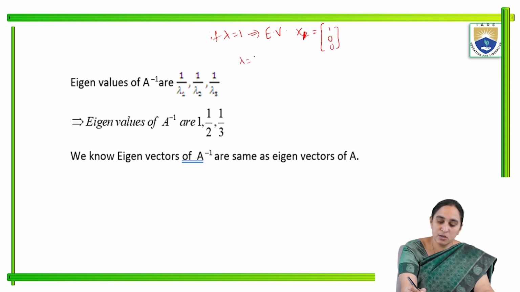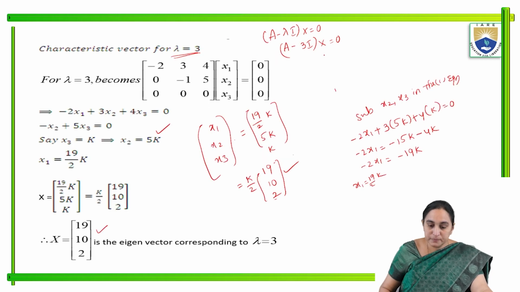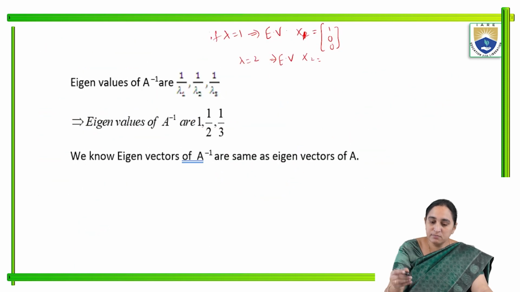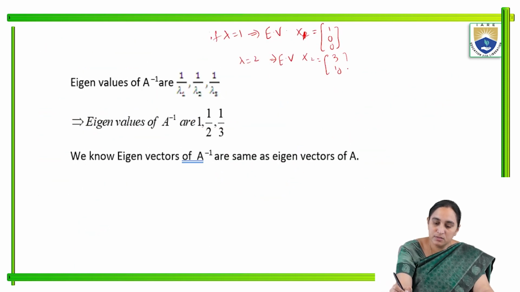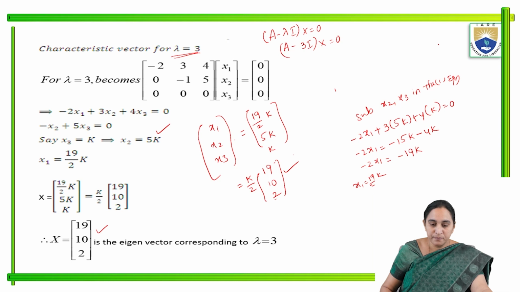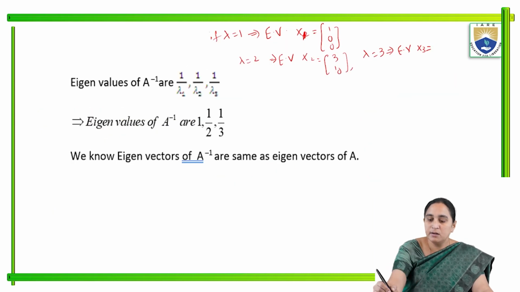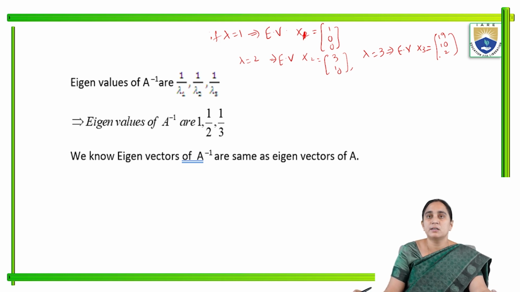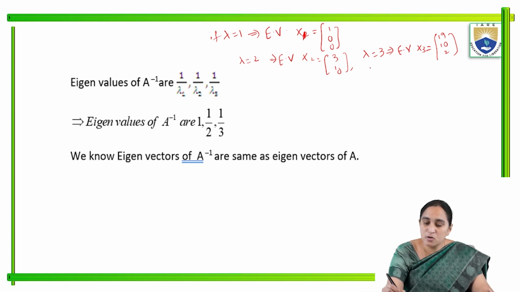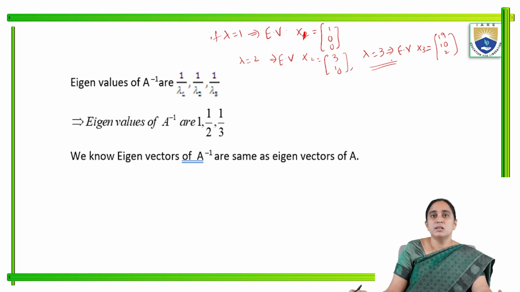If lambda is equal to 2, eigenvector x2 is 3, 1, 0. And if lambda is equal to 3, eigenvector x3 is 19, 10, 2. These are the three eigenvectors for the corresponding eigenvalues. The three eigenvalues are distinct. This is the concept for finding eigenvalues and eigenvectors.